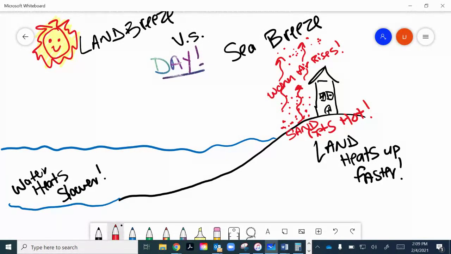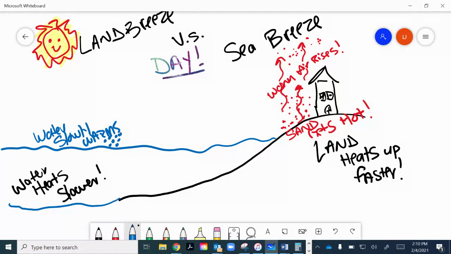Well, if those air particles are going up, then over the top over here, the water slowly warms. So you have your land air over here, but the water air is going to be more dense.